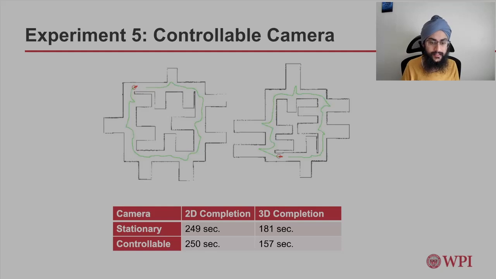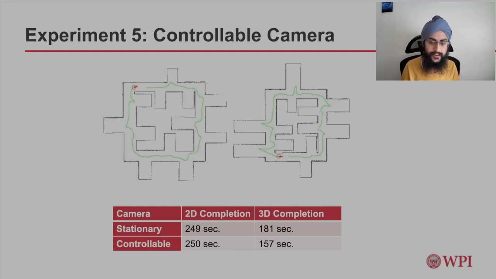And again, we see that the 3D interface is indeed performing better than the 2D interface. But the important thing is that in the 2D interface, it didn't really matter whether they used the stationary or the controllable camera, because using the controllable camera cost them a lot of time to move it sideways, so they lost all the savings that the controllable camera gave them.